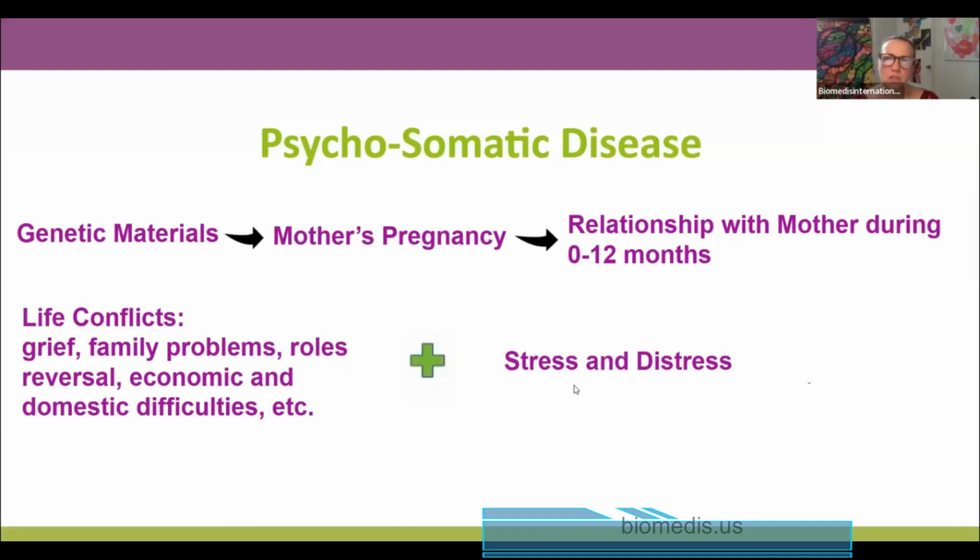In the genetic material, mother and father give us some DNA, right? But when the mother is pregnant for 9 months, research shows that if the mother has some kind of negative emotions and thoughts, the baby can have stress. For example, if the mother doesn't want to put on weight and is scared to get fat, the baby may be stressed and it will affect his stomach and esophagus.